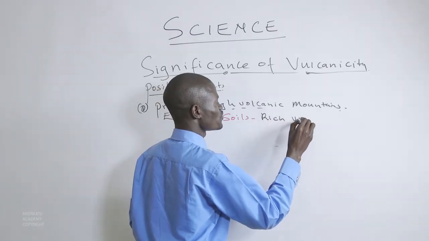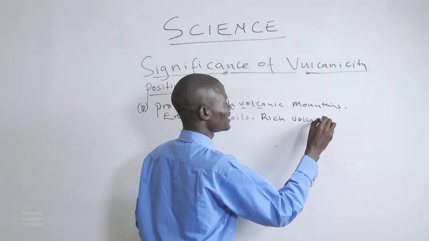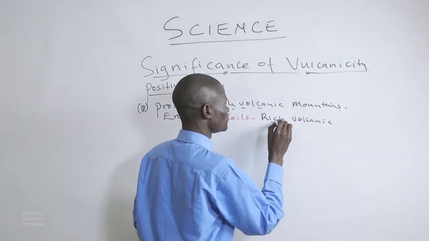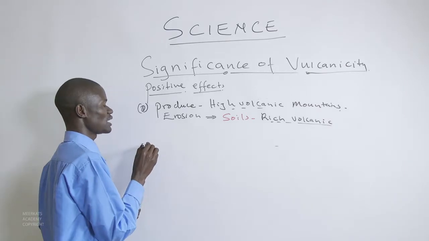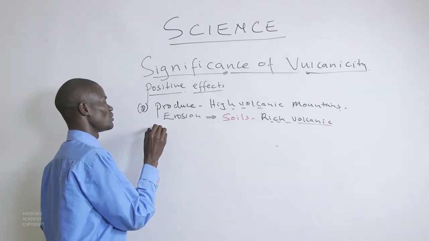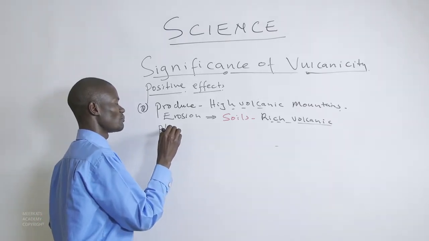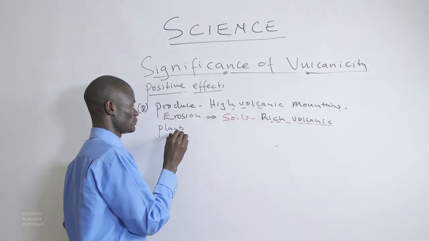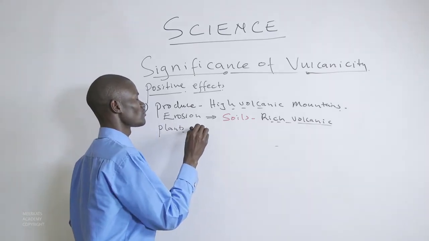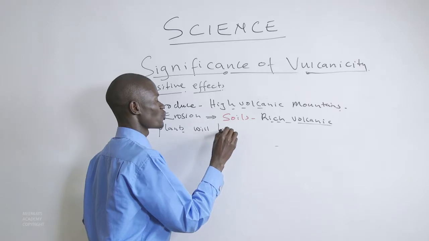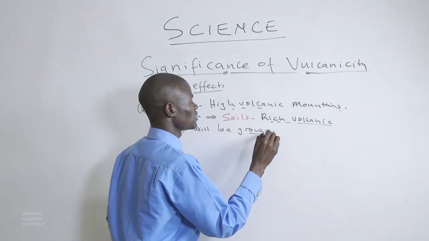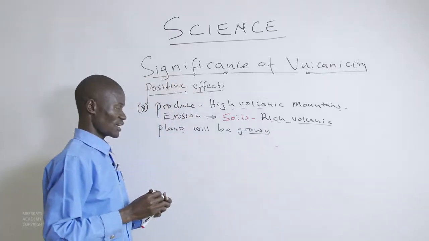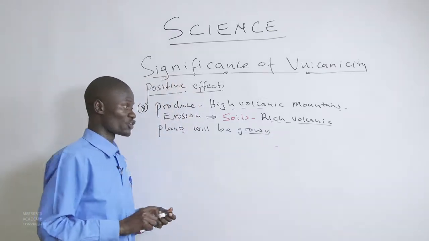We have the rich volcanic soil that will be formed. And then if you have a rich volcanic soil, what will happen? Plants will be able to be grown in the area, for various purposes. Actually, various plants will be grown.